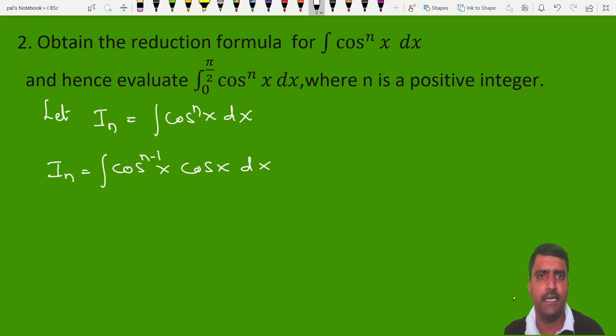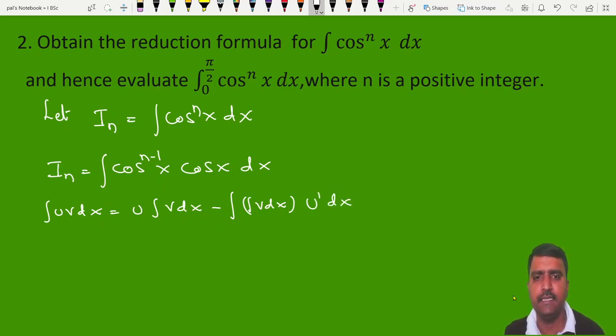Again, by using integration by parts, that is integration of u v dx is equal to u into integration of v dx minus integration of the integral of v dx into the differentiation of u dx. By considering this is u and this is v, here v is equal to cos x.